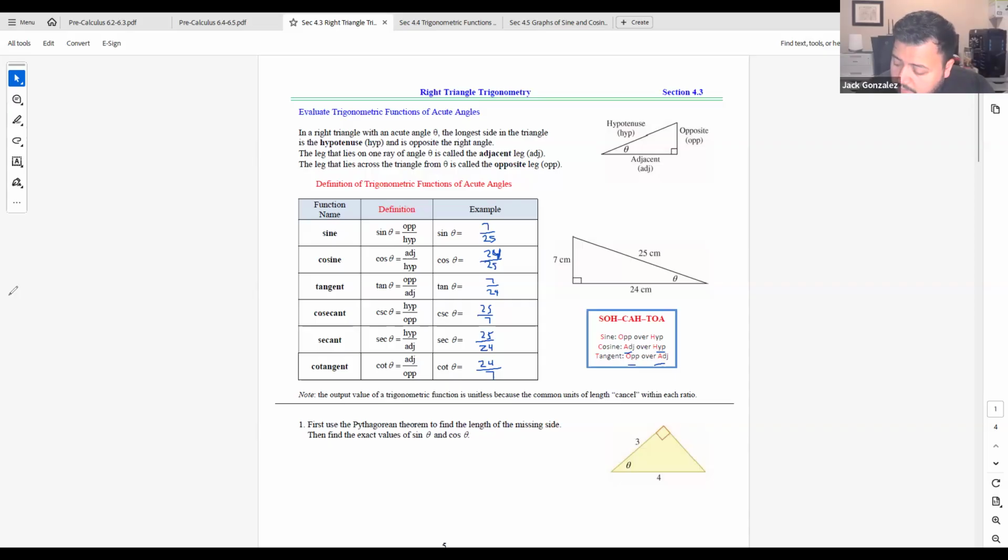Find cosine theta and sine theta. They gave us a right triangle.